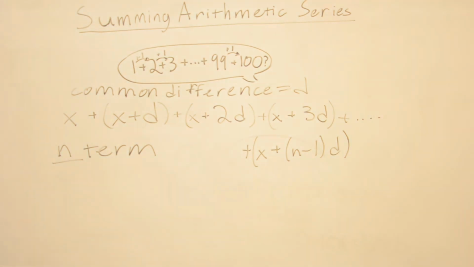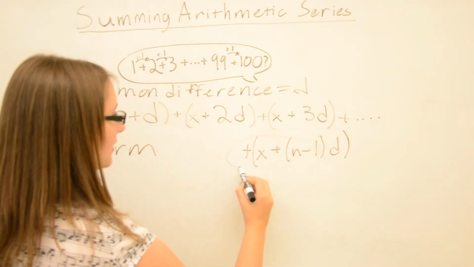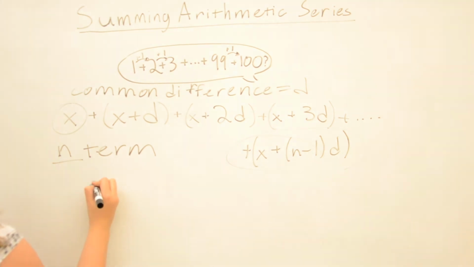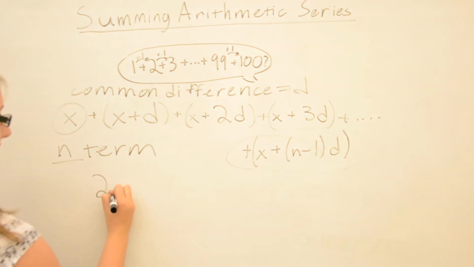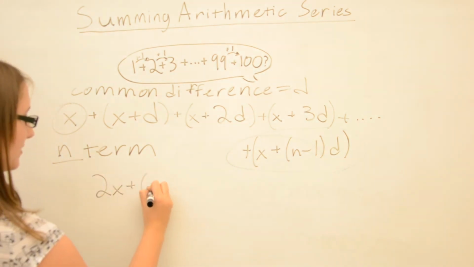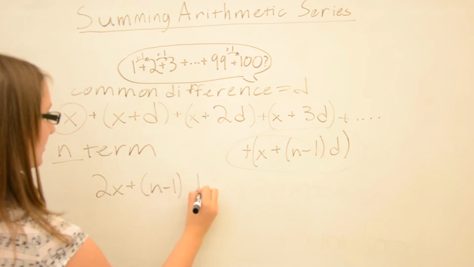So what's the sum in general? Well, once again, just like we did the trick for 1 to 100, we can pair up terms. So here we'll have x and this term, which adds up to 2x plus n minus 1 d.